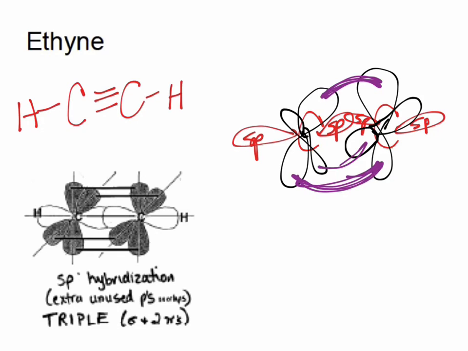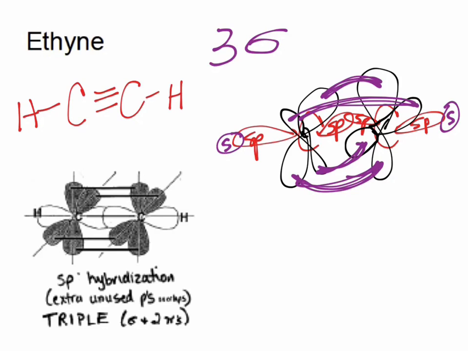And then you have the overlap of these, which is your 2nd pi bond. And then you have your s with your hydrogen. So how many sigma bonds do we have here? We have 3 sigmas, and how many pi's? 2 pi.